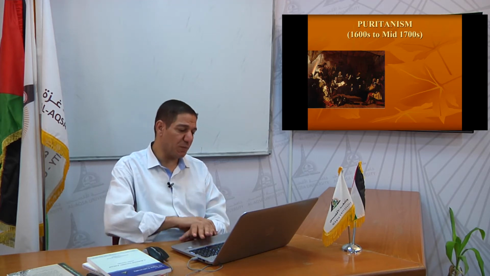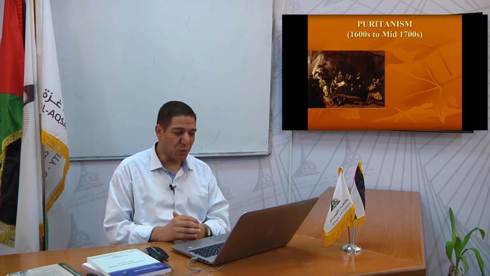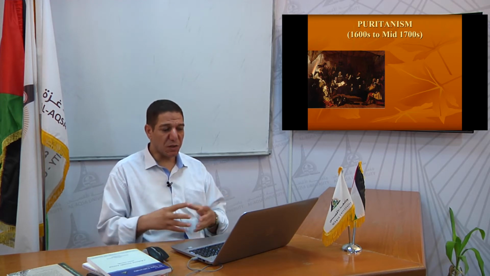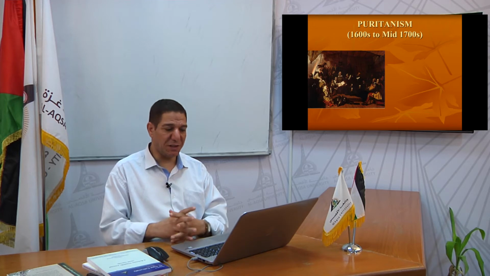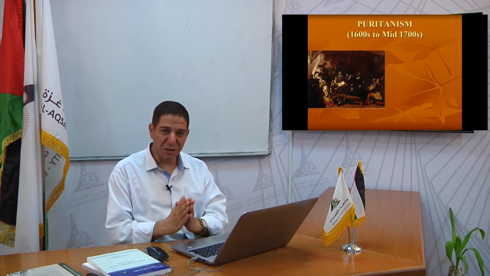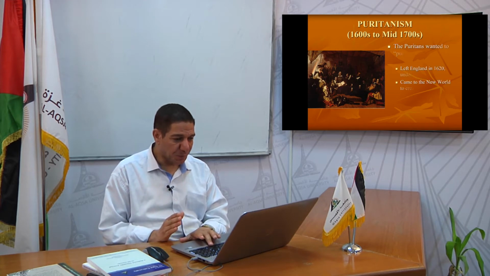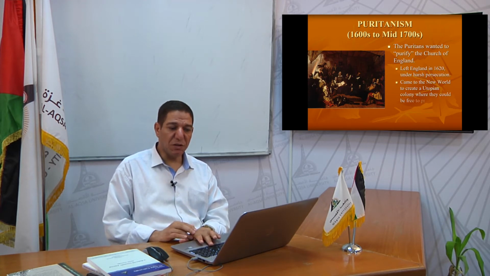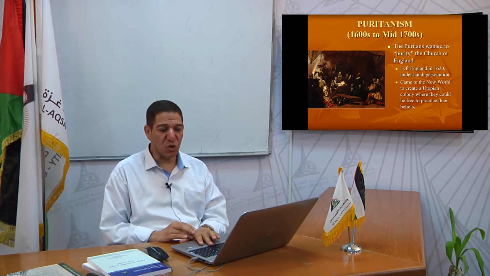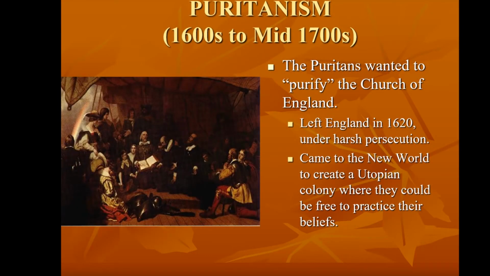As you can see from the picture, these people were gathered together on a religious idea. The Bible was their guide in their life, and they wanted to purify the Church of England, to rid it from the things that contaminated its religion.